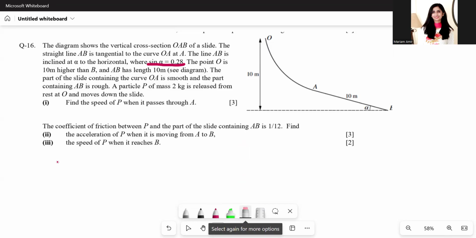The part of the slide containing the curve OA is smooth, and the part of the slide containing AB is rough. If this is rough, that means we'll be using mu R, and we will be using cos alpha as well. So let's find cos alpha from sine alpha. Sine alpha is given as 0.28.